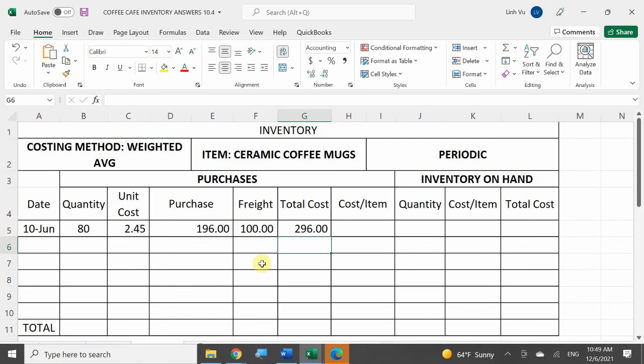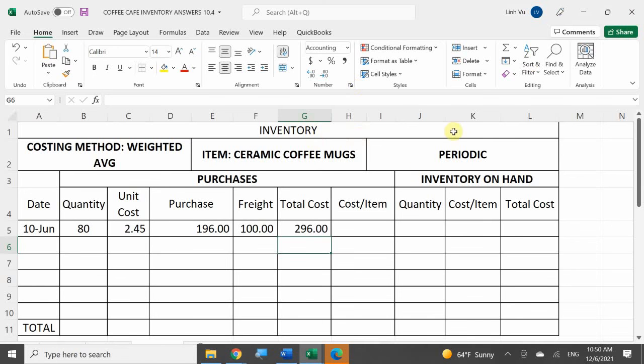Now this is if you want to, for practice purposes only. Since it's the first batch of inventory, we need to figure out what my average cost is, because in this case right now, I'm doing weighted average. I'm not doing FIFO or LIFO, so I don't need to have batches of inventory.